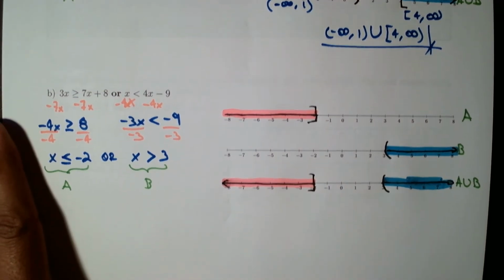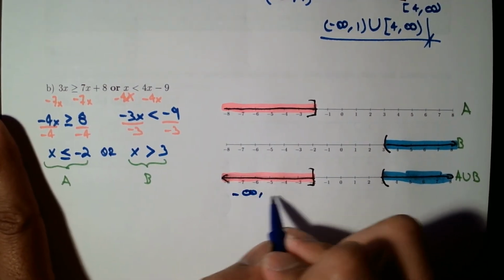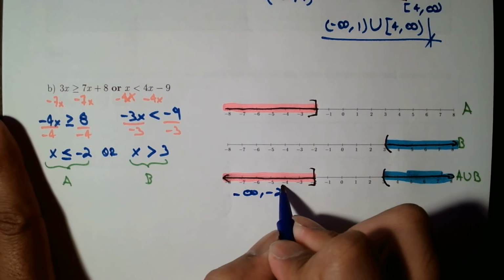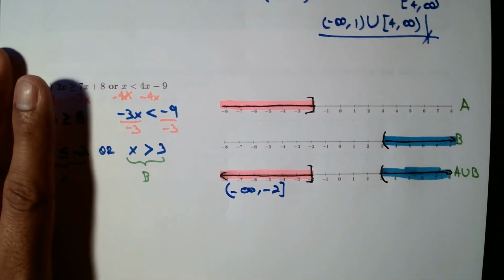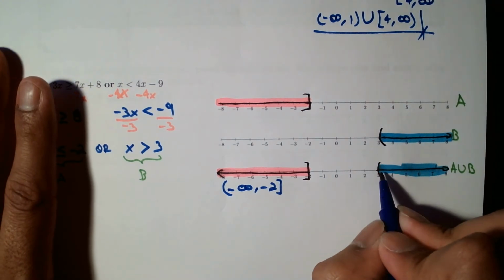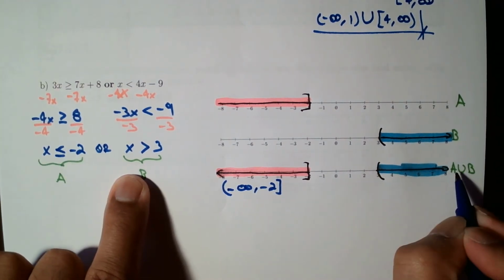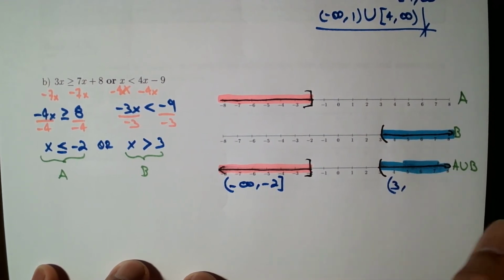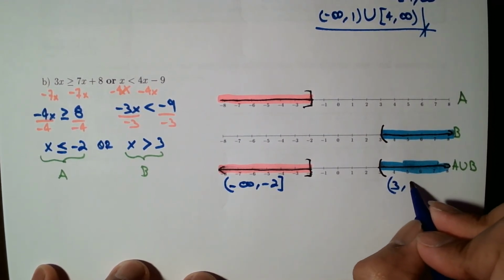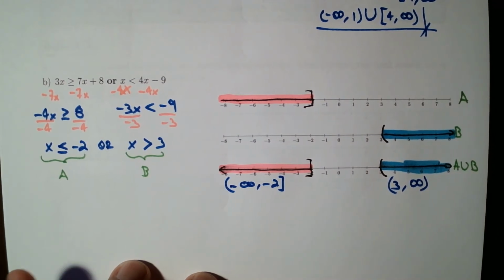The pink one is going to go from negative infinity to negative 2, with a bracket for negative 2, parentheses always for the infinity symbol. Over here it's going to go from 3 to positive infinity, 3 parentheses, all the way to infinity.